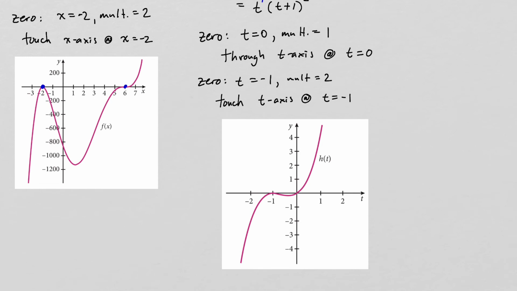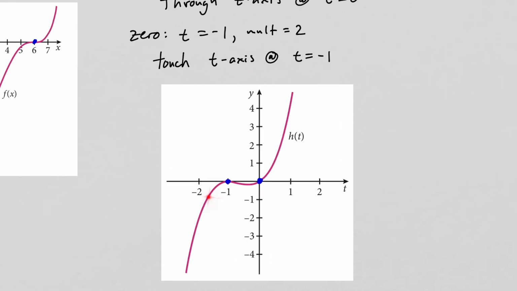And for the second graph, we have a 0 of t equals 0, and we said that it's supposed to go through the t-axis at t equals 0, and you can see that that indeed does happen right here. That's where t equals 0, and the graph is going through the axis there. At the other 0, which is t equals -1, that's this point right here, we said it should touch there but not go through it, and that is exactly what happened, right?